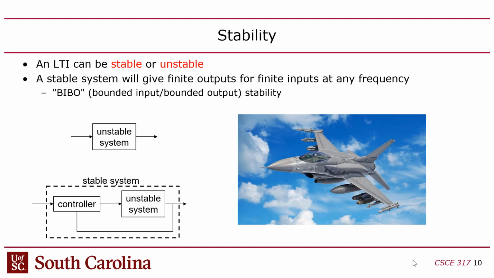Now what it means is that if you have an unstable LTI, there could be, for instance, an input that you can give it that's finite, just a regular old signal, but at a certain frequency, it causes the LTI to blow up, to just have unbounded outputs, like diverge, right? Does that make sense?